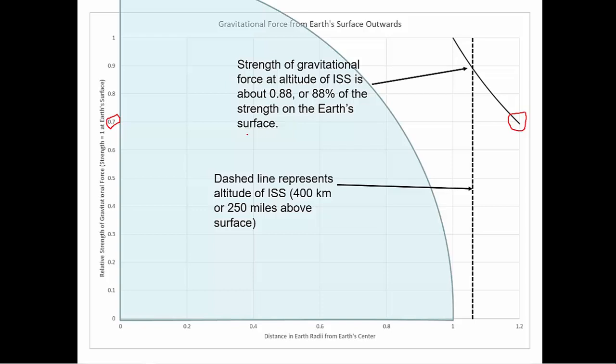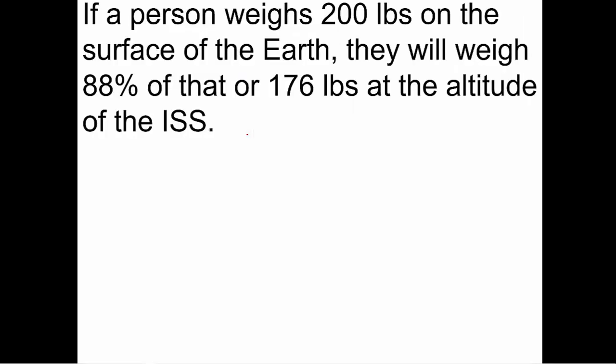Well, that's interesting. That means if a person weighs 200 pounds on the surface of the Earth, they'll weigh 88% of that at the altitude of the International Space Station, 176 pounds. Let's watch a video on that, and I'll put a link to this video on the page for it.